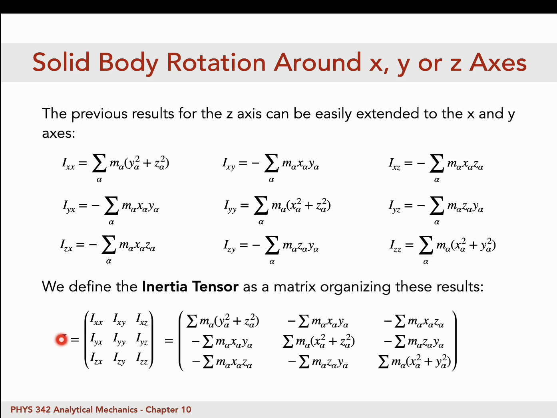So we're making the moment of inertia now a bolded symbol. It's a tensor, and the tensor has 9 components. These are the values. They're just a shorthand way of writing the set of 9 equations.